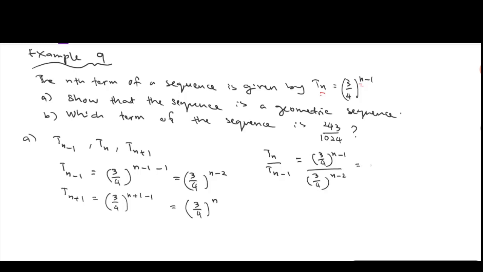By using the index law, we will have 3 over 4 raised to the power of n minus 1 minus n minus 2, which is equal to 3 over 4 to the power of 1.